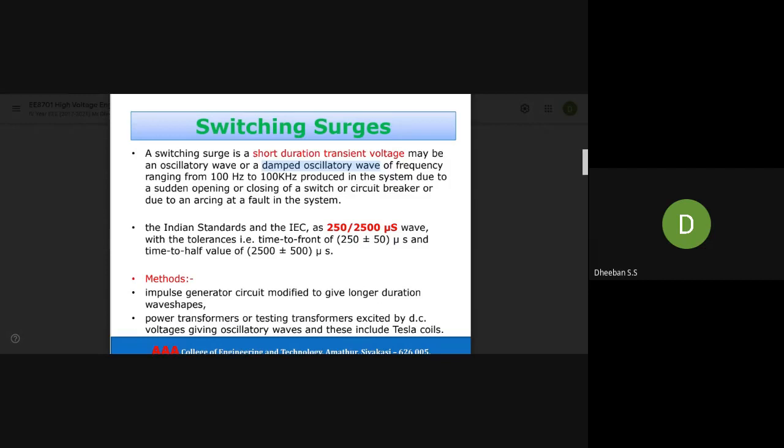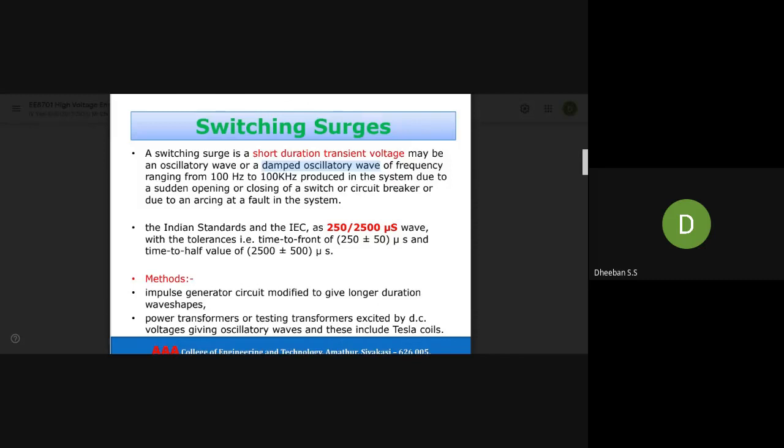In case any kind of fault occurs, they generally isolate the faulty portion separately. To do that, they switch on or switch off the corresponding circuit breakers. I'll be showing a video for this so you can understand it.